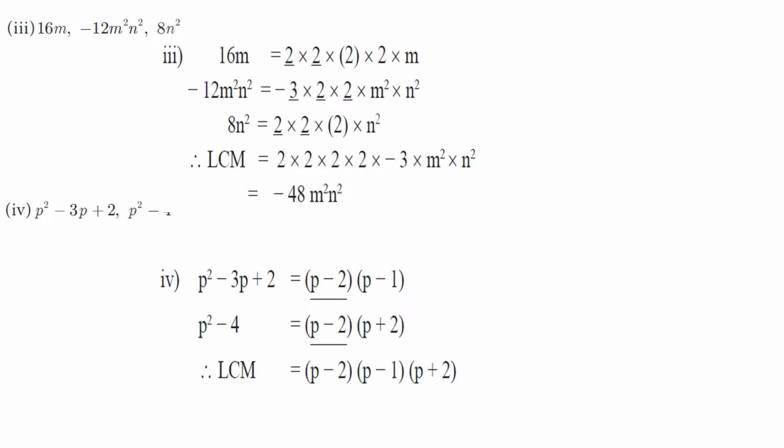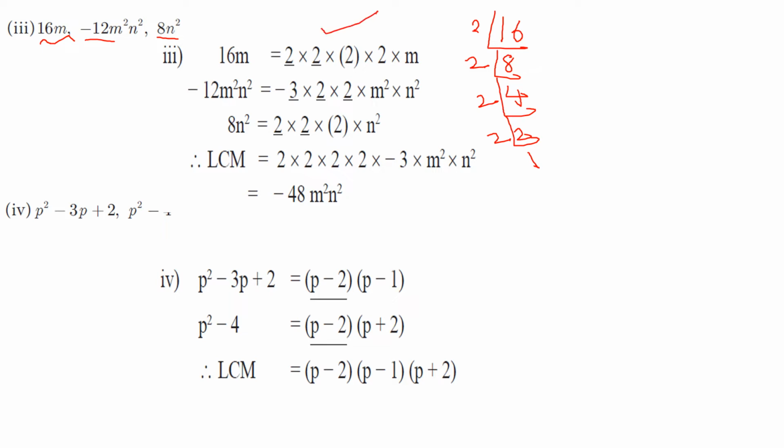Third one, 16m, minus 12m squared n squared, 8n squared. So first 16, you do the prime factorization. 2, 8 2s are 16 and 2, 4 2s are 8. Again 2 2s are 4 and 2 1s are 2. So first you write 2 into 2 into 2 into 2 into m.